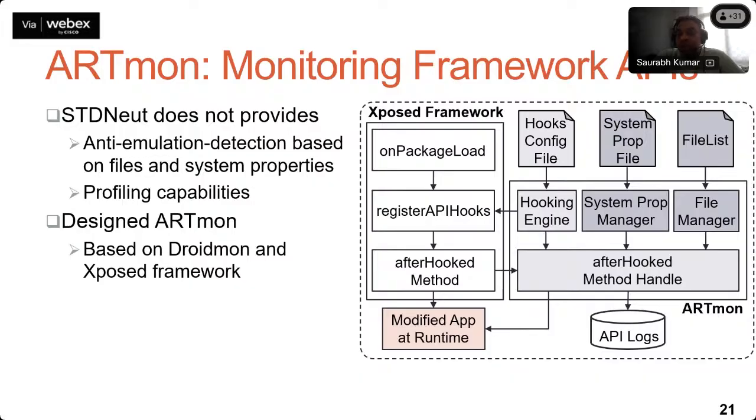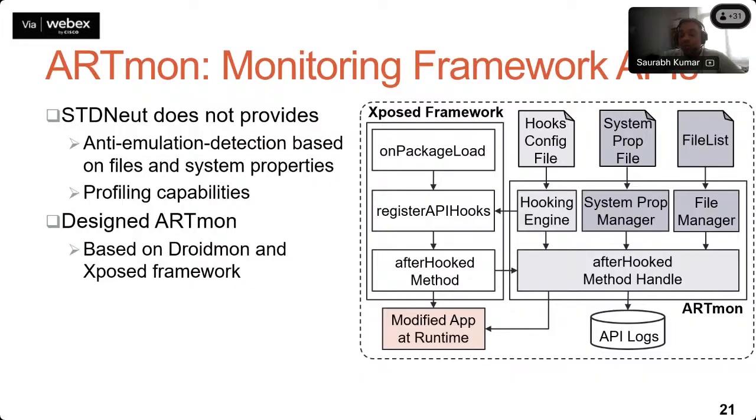utility that can be used to monitor any API that you want to profile. You only need to generate a configuration file saying that you want to monitor these API calls. For example, I'm just interested in the network related API calls. Just configure network related API calls. It will only monitor those things, and it will also be able to pull some system properties related files and all those things.